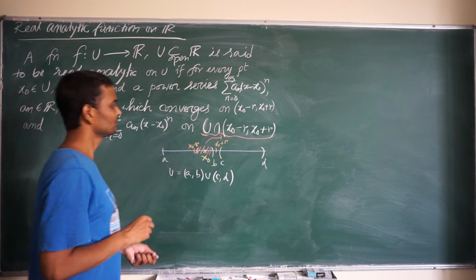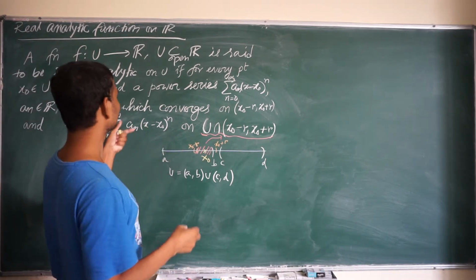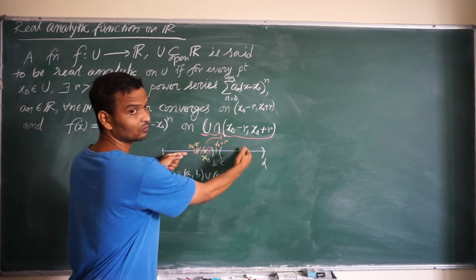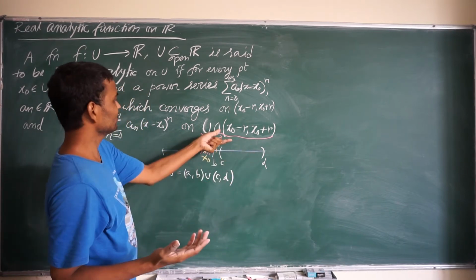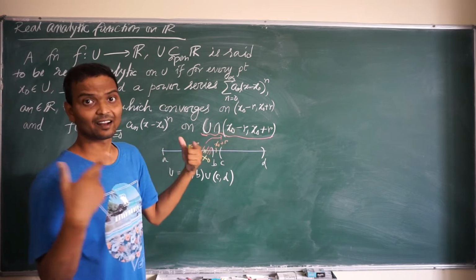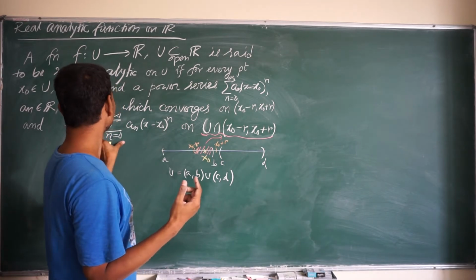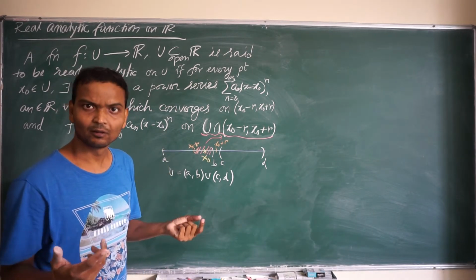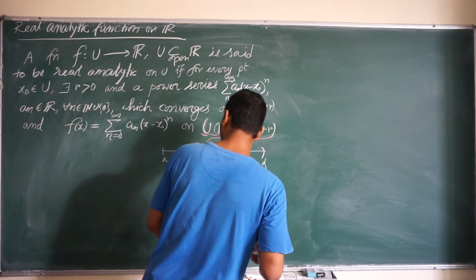Alright. The radius of convergence of this power series might be bigger, but on the U intersection x naught minus capital R, radius of convergence, it might not be equal to f(x). We don't need that for this definition.